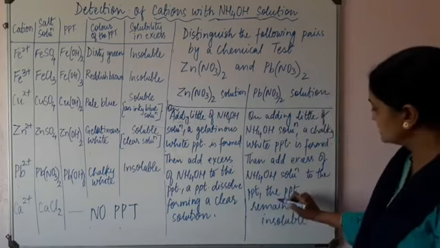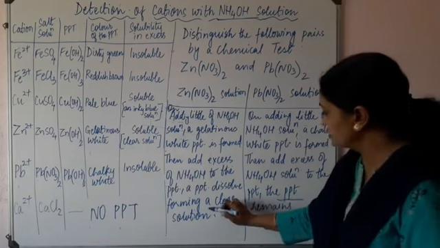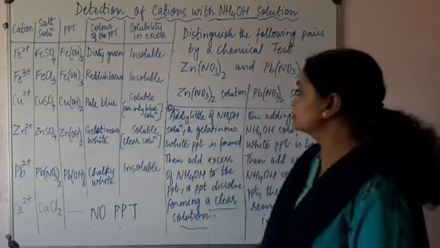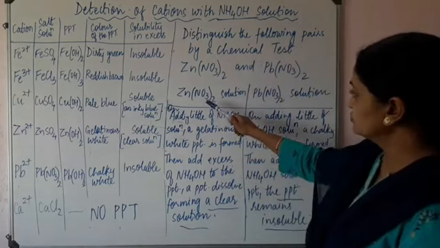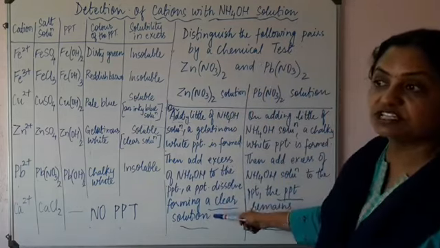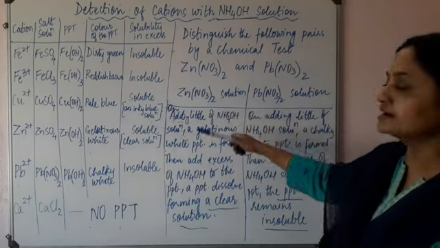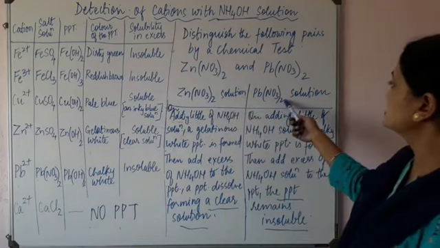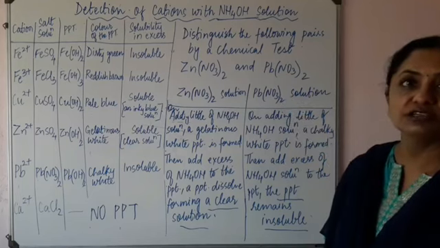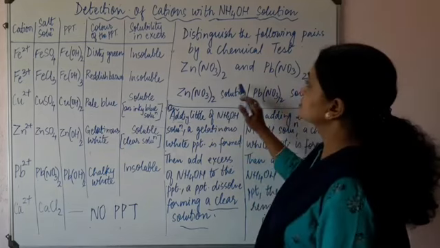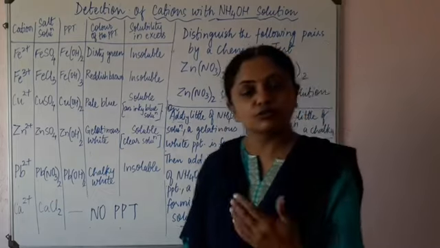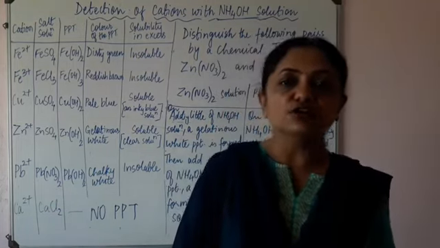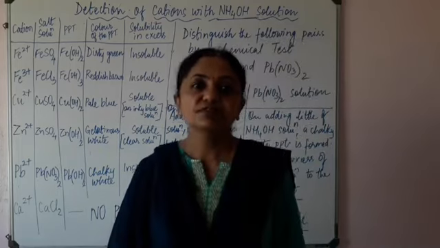So here the precipitate is insoluble and here you are getting a clear solution. By this you will be able to distinguish that the substance which forms a clear solution is zinc nitrate, and the substance in which the PPT remains insoluble is lead nitrate solution. Okay, so this is how we will distinguish. So this type of question can also be asked from this topic. Further I will be giving you the practice of this type of questions. Thank you, students.